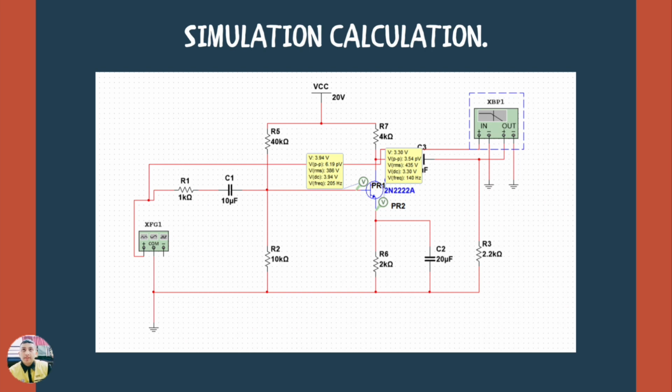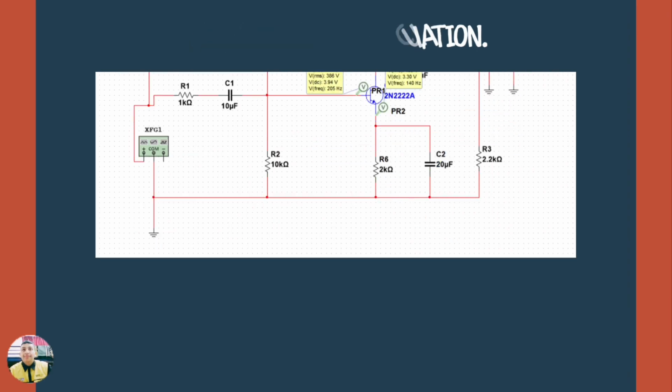For capacitor 3 we have 1 microfarad, and this is the NPN transistor. R6, which is resistor 6, is 2 kilo ohm. Capacitor 2 here is 20 microfarad. R3, which is resistor 3, is 2.2 kilo ohm. And the last one, the green one here at the top, is the Bode plotter.